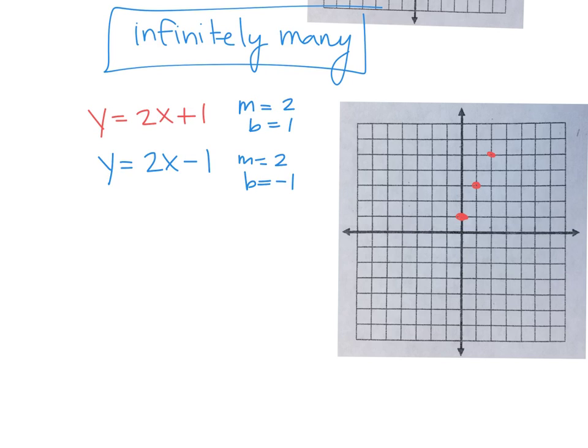So this is my first line. Make sure you use a straight edge. My blue line, a y-intercept of -1, and then I'm going up 2 over 1, up 2 over 1, up 2 over 1. And when I graph that, I get this.